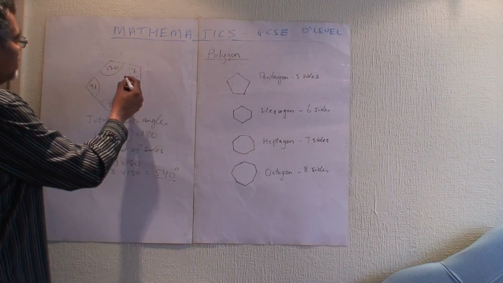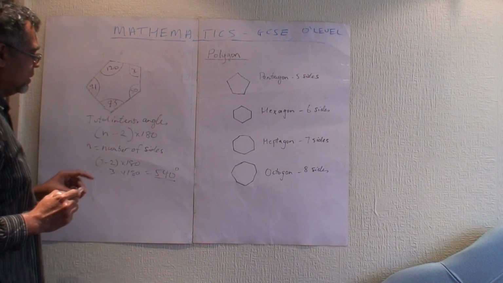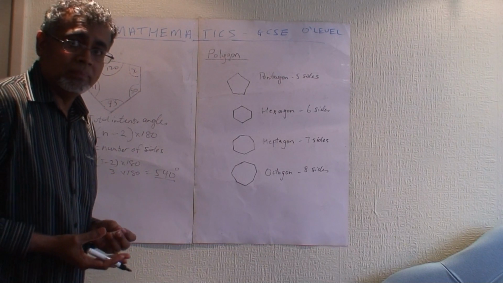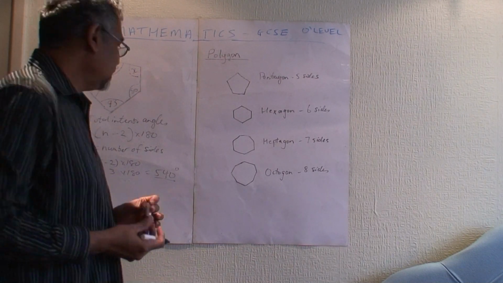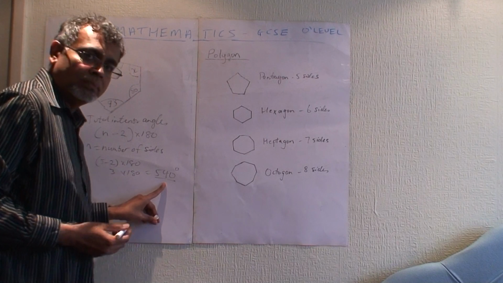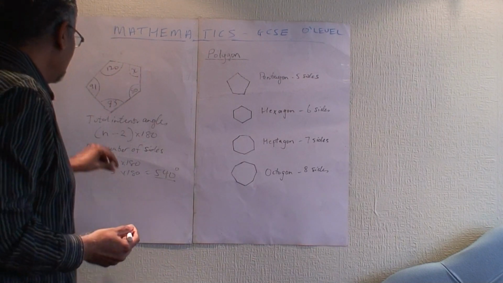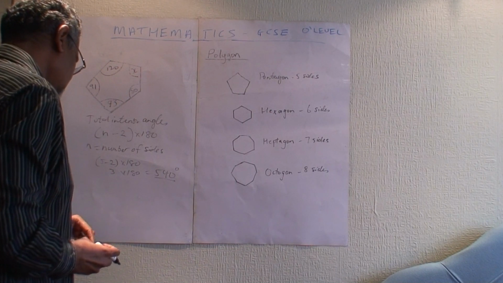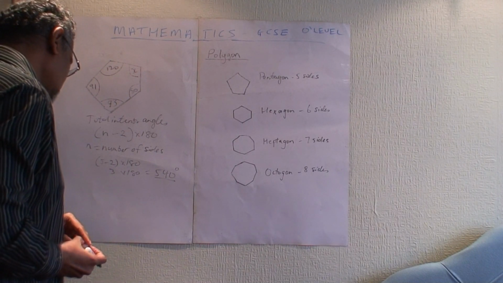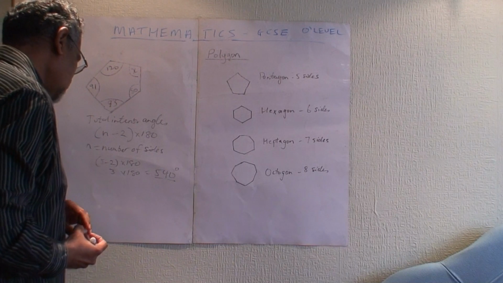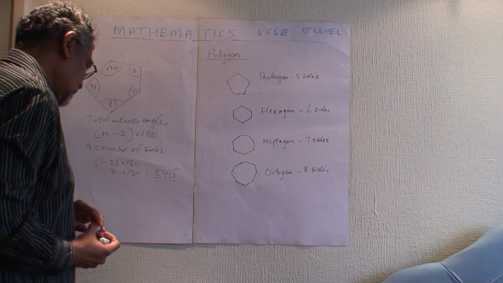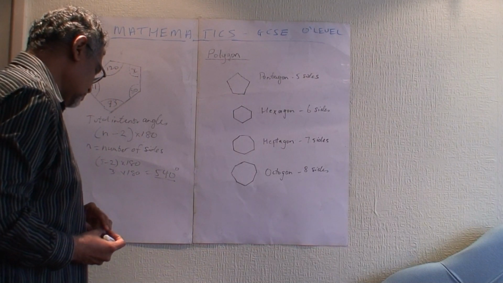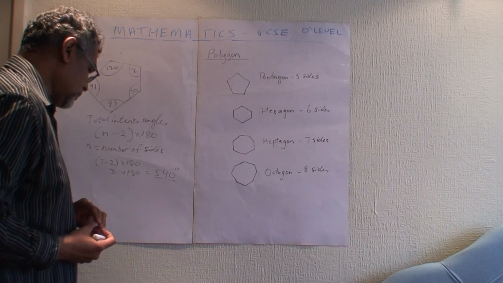So we know the other angles. We add up the sum of the angles that we know and we subtract it from 540. Now I've added up all of them, and it comes up to 384.